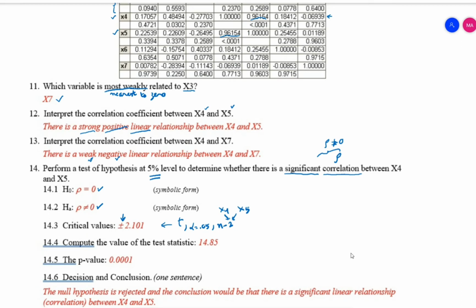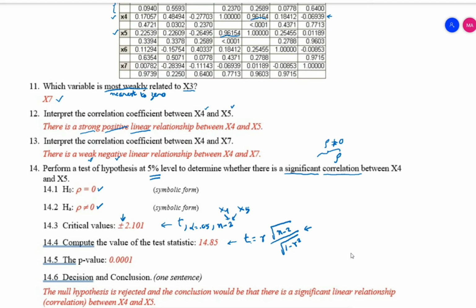Compute the value of the test statistic, 14.85. You have to remember to use this formula. You pick it up from the formula list. You convert r to t: r times square root of n minus 2 divided by square root of 1 minus r squared. Enter our values and compute by calculator correctly. What is r?